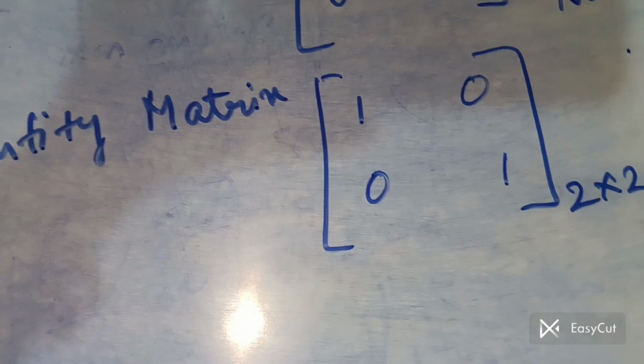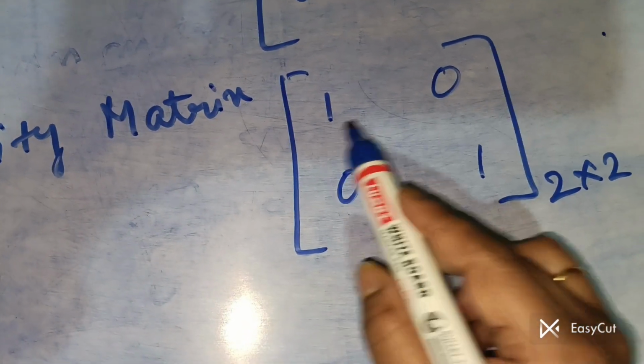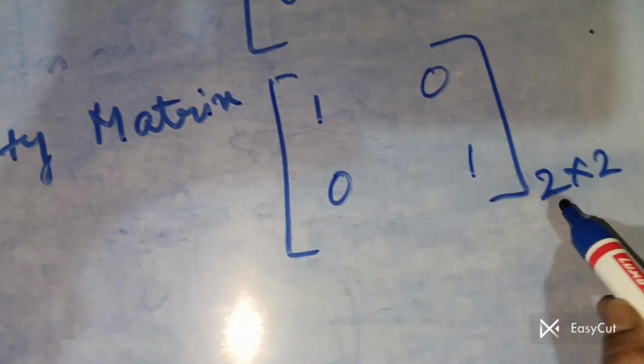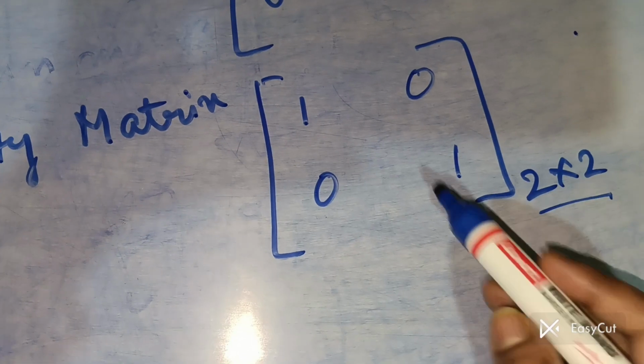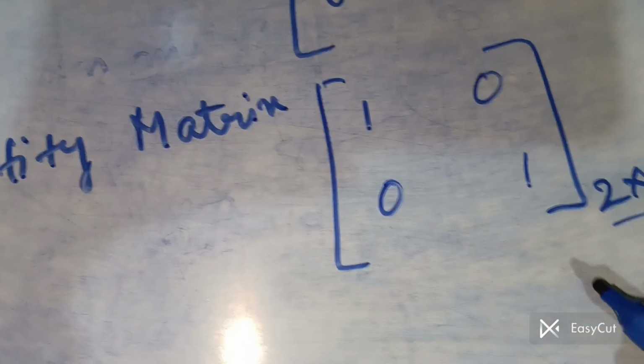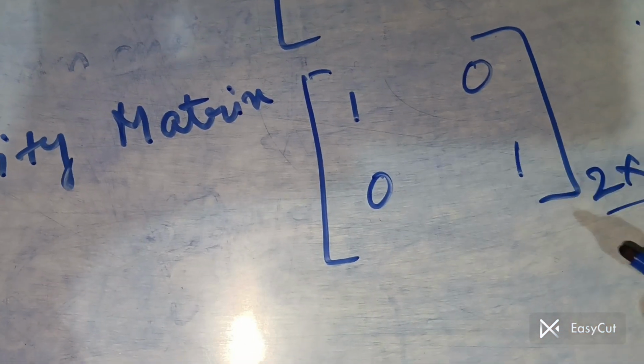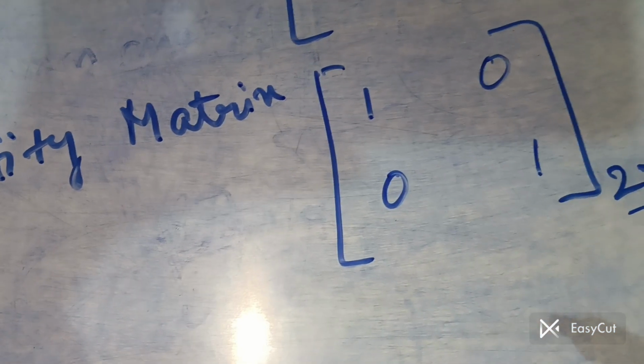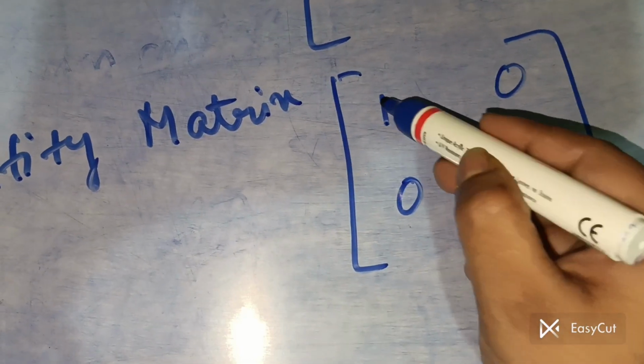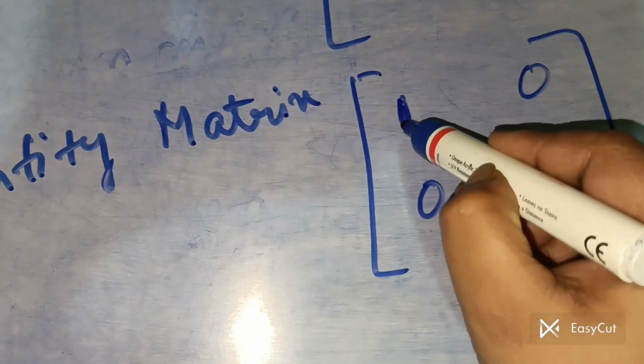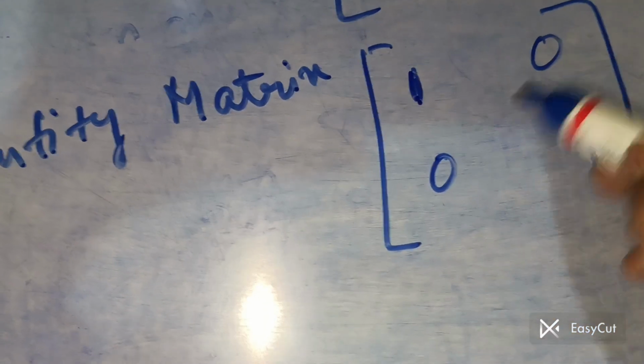Like this is a matrix of order 2 by 2. 2 columns and 2 rows are there, so it is 2 by 2 and it is a square matrix. In a square matrix, if the diagonal elements are 1 and the rest of the elements are 0, then it is called an identity matrix. Diagonal means like this. These two positions will be 1 and these two will be 0.